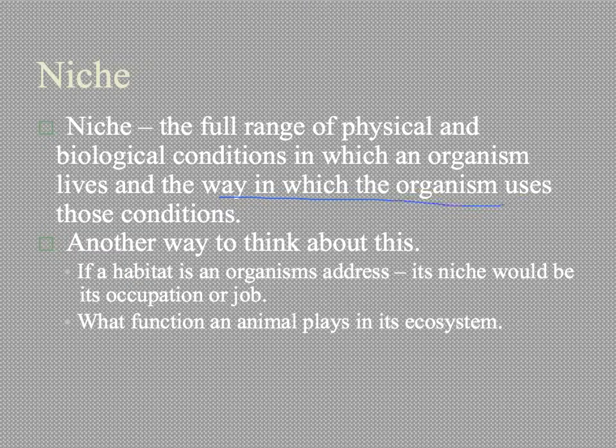One way to think about it is if a habitat is the organism's address, its niche is its occupation or job. So what function an animal plays in an ecosystem. And we're going to start in the next couple of slides talking about different functions they can serve.